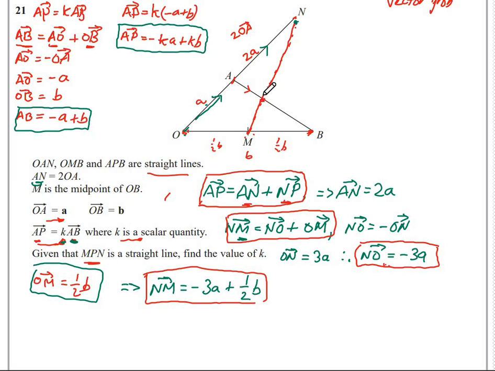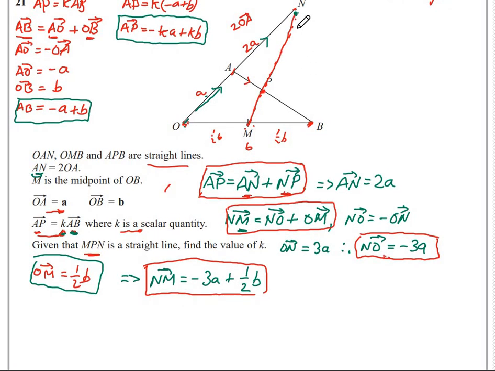We're forced to actually introduce another scalar. So we can say that MP is, let's introduce the scalar x, times NM.